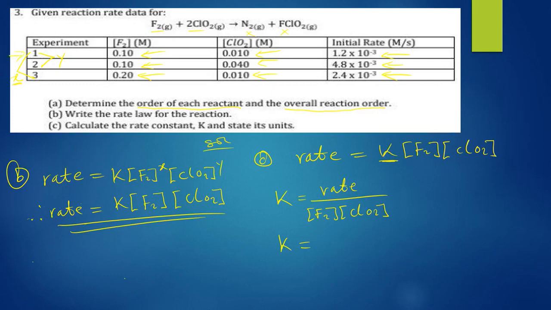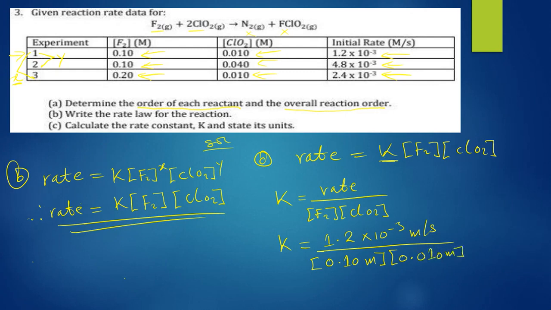So my rate on experiment 1 is 1.2 times 10 to the power negative 3 molar per second, like that, over the concentration of fluorine on experiment 1, that is 0.10, and then the concentration of chlorine dioxide, which is 0.010, like that.